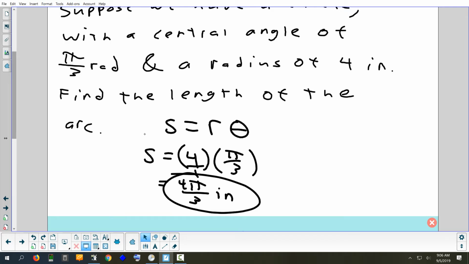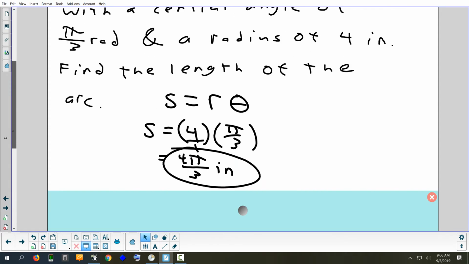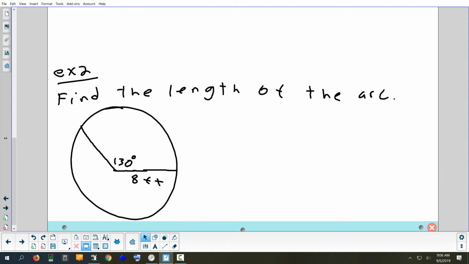So this is one way they can give you the problem. They just basically write the whole thing out. Another way I could give you the problem is just draw a picture. So the question is, again, find the length of the arc. There's your arc.